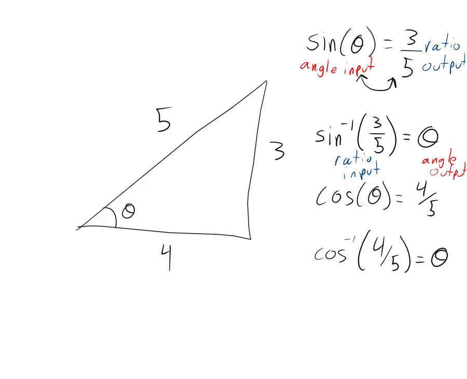Same is true for cosine and cosine inverse. Same is true for tangent, tangent inverse. Same is true for all of the inverses. Trigonometric functions take in angles and spit out ratios. Inverse trig functions take in ratios and output angles. Now, we're going to run into a problem as we take a look at sine inverse.